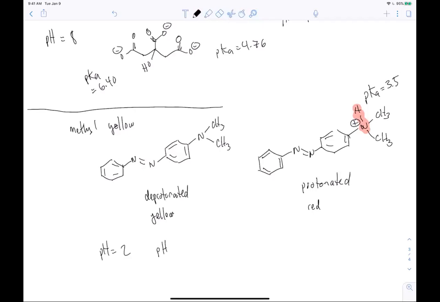Let's use even lower, pH equal to 1. The pKa of the acid is equal to 3.5. So pH is less than the pKa, and so you know it's going to be protonated.